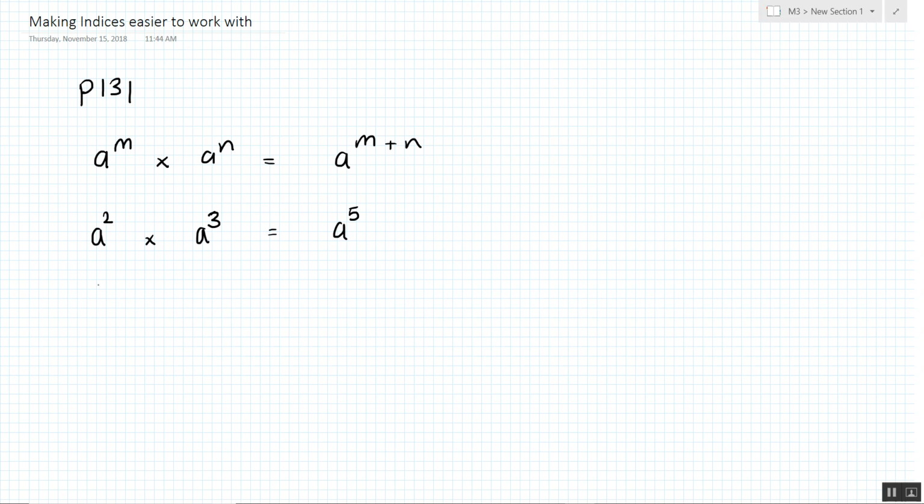Is it like you can only do it when the base number is the same? Since a is the same number. Okay, but you're giving me when you can and when you can't, which is great. What I'm asking though, does anyone know why I am allowed to just add those powers?